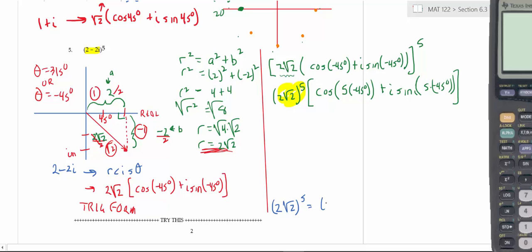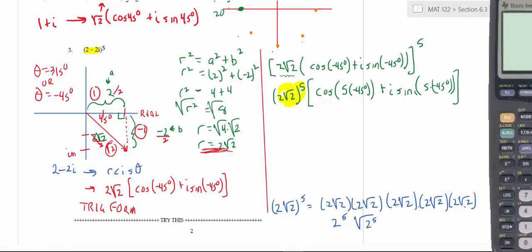I'm going to do this just to help you understand, because this is an algebra issue that needs to be covered with students who have some algebra weaknesses. So you'd have 2 times 2 times 2 times 2 times 2. Well, that's 2 to the 5th. Then you have 5 groups of those square roots of 2, so you could write that like that. Well, 2 to the 5th is 32. And you can break this up like this: 2 to the 4th times 2 to the 1st.